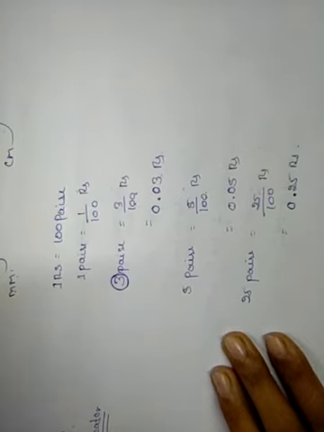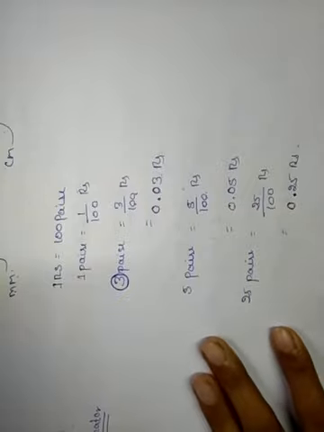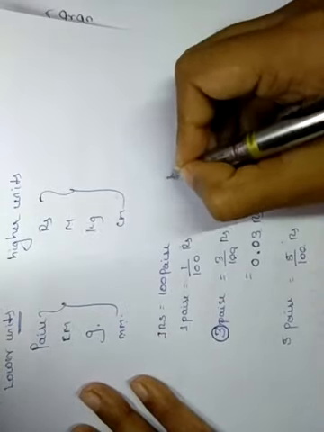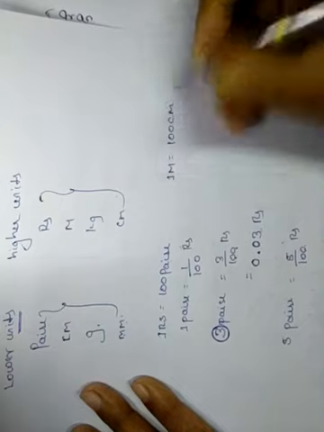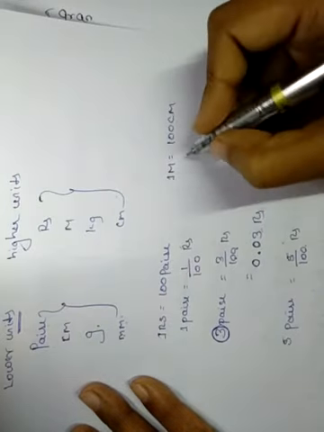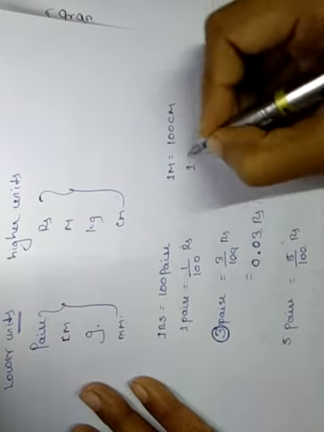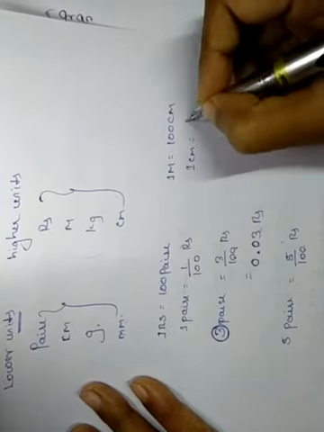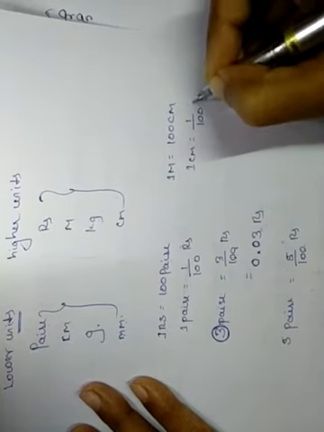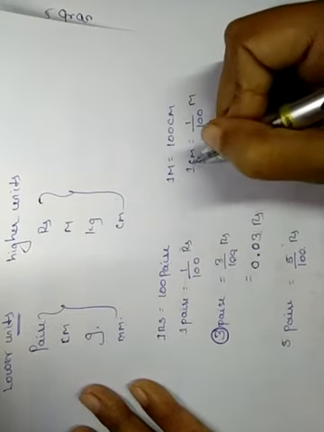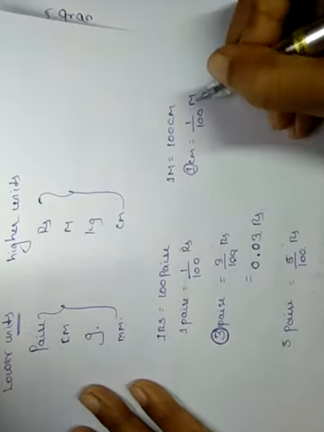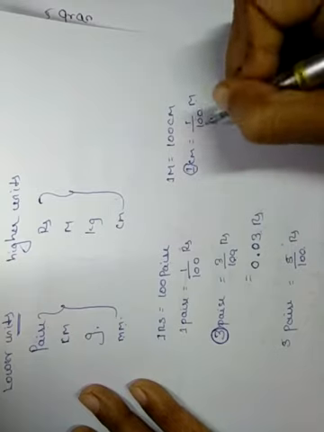Next we'll learn how to convert centimeter to meter. One meter is equal to 100 centimeters. Then 1 centimeter is equal to 1 divided by 100 meter. Here I have converted 1 centimeter to meter, means 1 divided by 100.